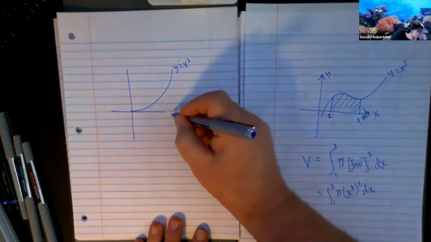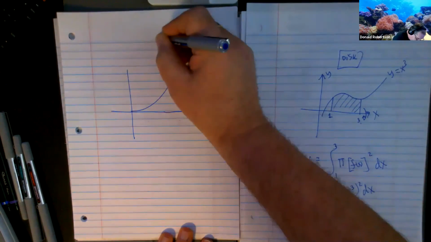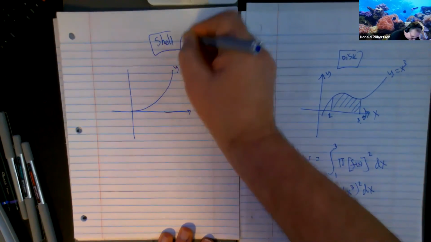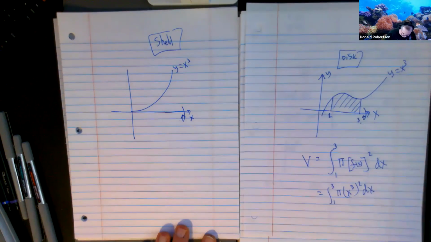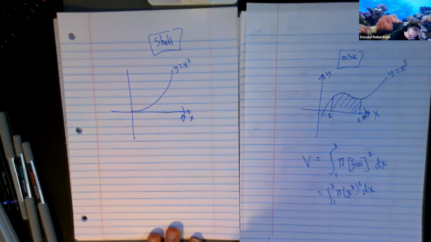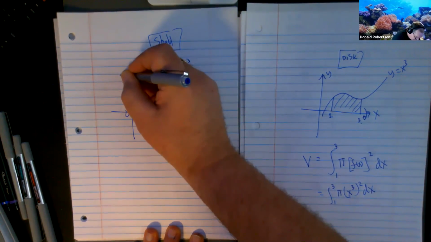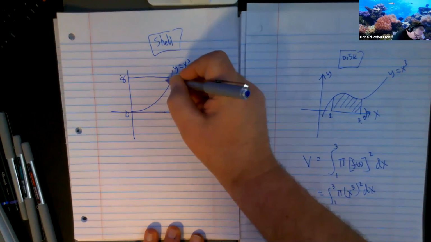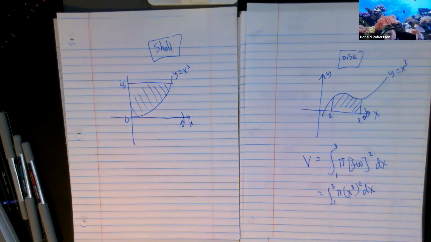If this question had been not a disk method but a shell method, and they asked you to rotate it about the x-axis, which is totally doable, and they wanted you to do it from 0 to 8. When you take that shape, will my formula have x's in it or y's in it?